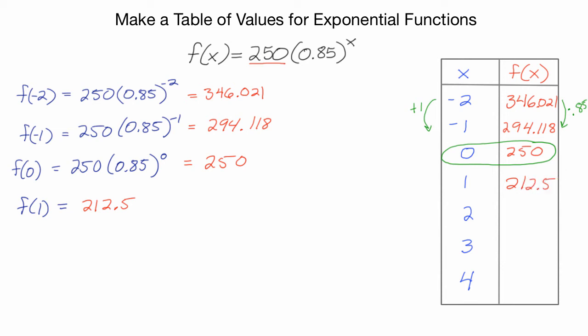If I put in f of 2, again following the same pattern, putting in just the exponent, I'm going to get 180.625. f of 3 is going to give me back an output of 153.531.